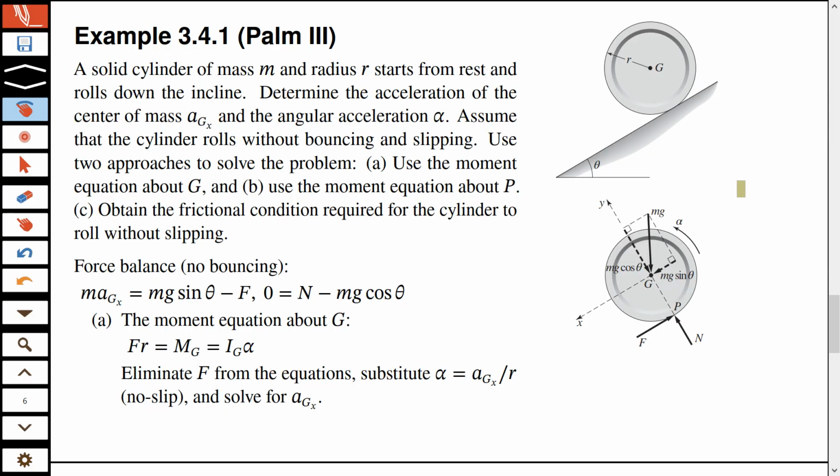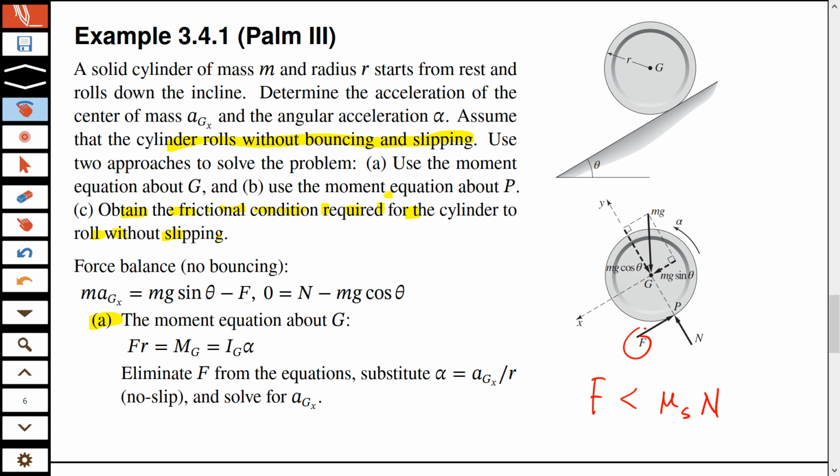In this example, it is explicitly written that the cylinder rolls without bouncing and slipping. So this was part A, this was part B, and in part C we even had to write the condition required for the cylinder to roll without slipping. And you will remember that this is only possible when the actual friction has not reached the maximum possible value. This is the maximum possible value.